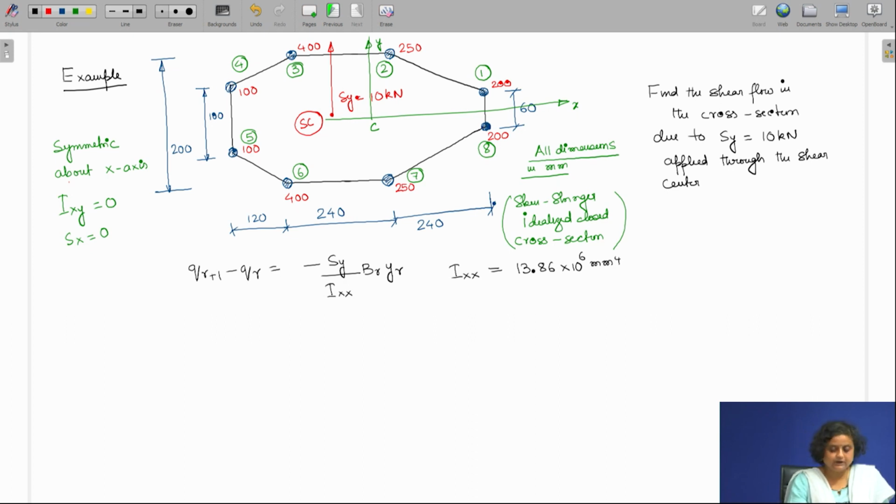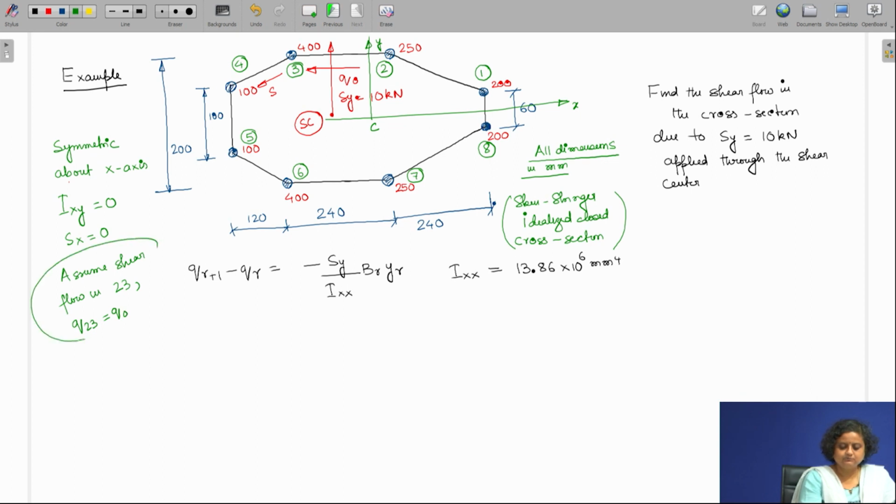So, therefore, let us assume that the shear flow in 2-3 portion is Q0 and it is in this direction. So, this is the direction of S. So, we are going to assume the shear flow in 2-3, that is Q23, is going to be Q0.